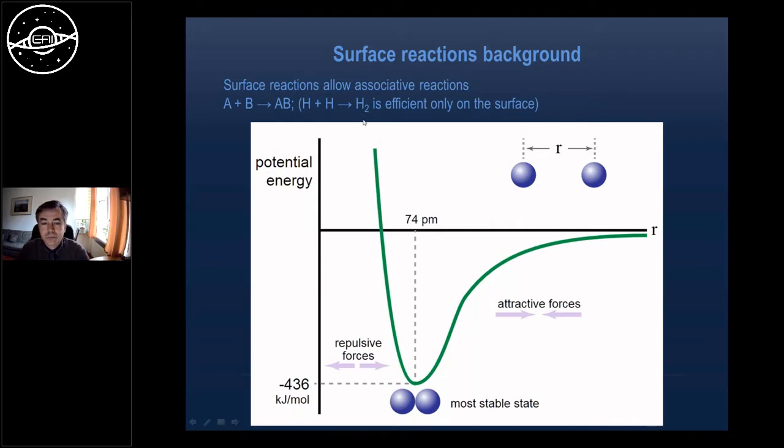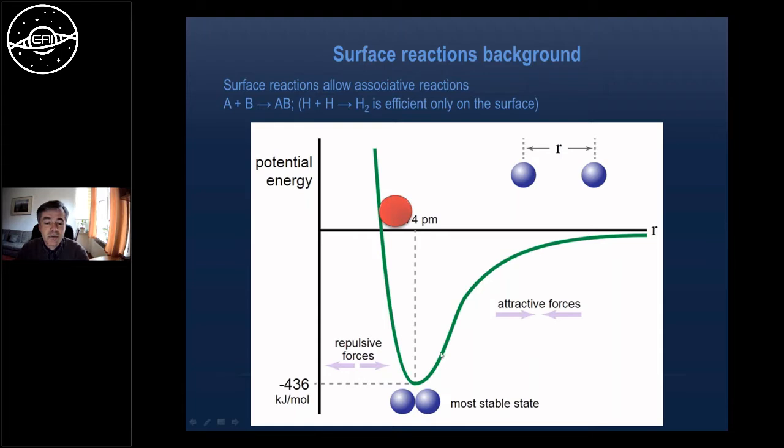And we can understand why by looking at this potential energy surface of the interaction of two hydrogen atoms. If you bring our system to this position, where two hydrogen atoms could feel attraction, of course they will attract and we would have the formation of molecular hydrogen.